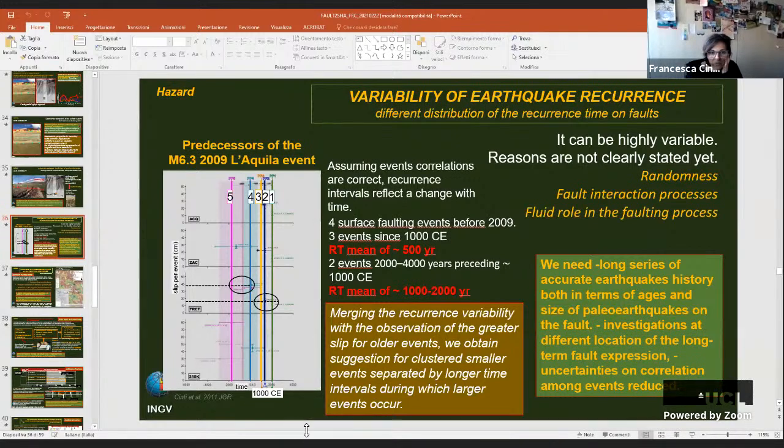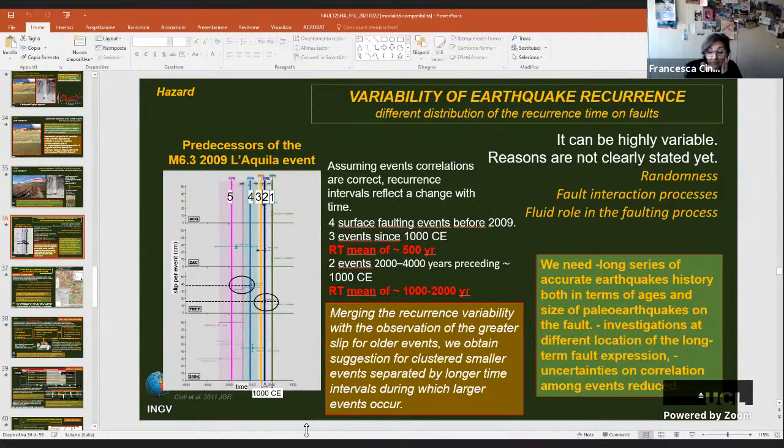So we could, if you have, of course, good stratigraphy, I mean, a regular deposition of the sediments. And of course, it also depends on the recognition of the events.